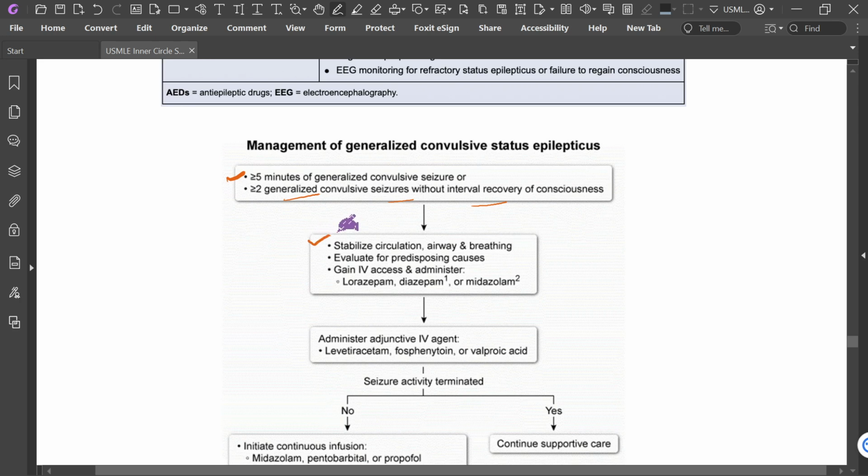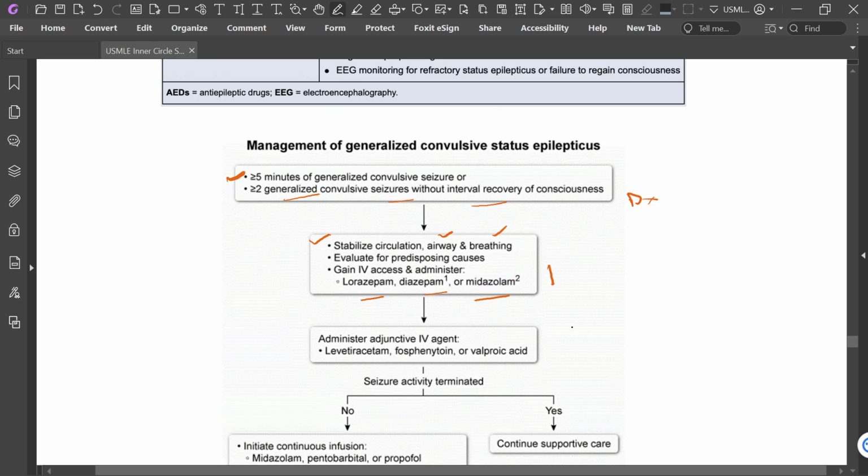So you need to stabilize circulation, airway, breathing, evaluate for predisposing causes, and gain IV access and administer lorazepam, diazepam, or midazolam. So first diagnose, then ABC management, airway, breathing, circulation, then the drug to stop the seizure.